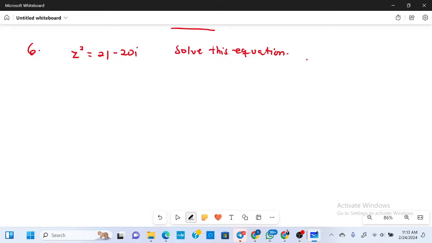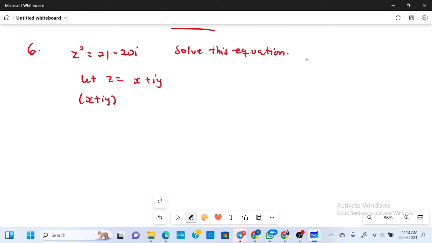Let our complex number be equal to x plus iy. Therefore, you have x plus iy all squared to be equal to 21 minus 20i all squared, right? So this gives me, sorry, this part will not be squared. Actually, it is z squared equals this.